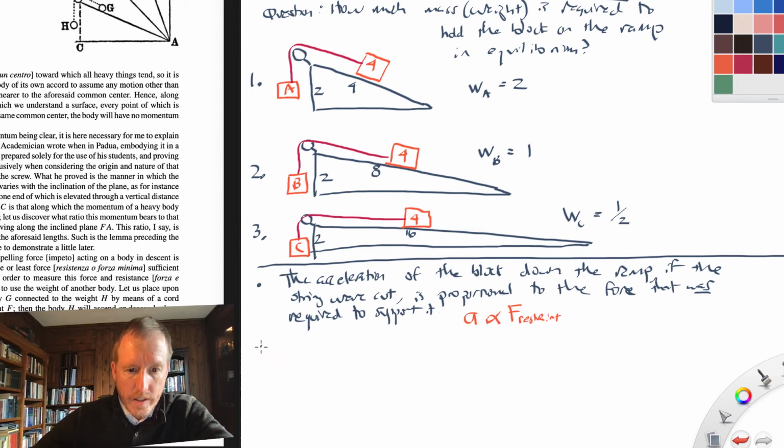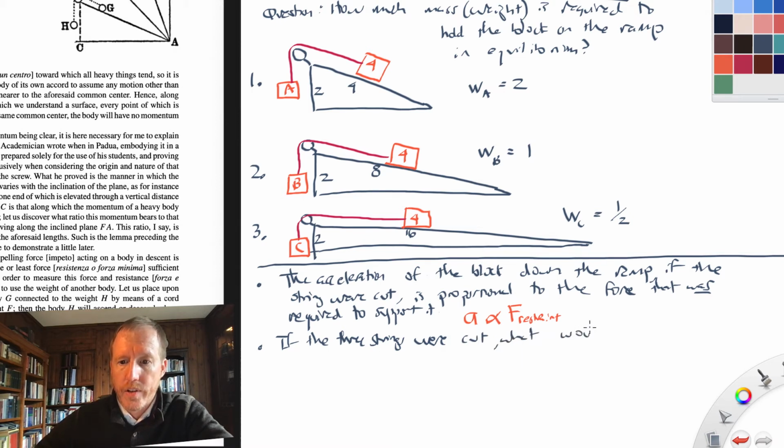So if the 3 strings were cut, what would be the accelerations of these blocks down the ramp?